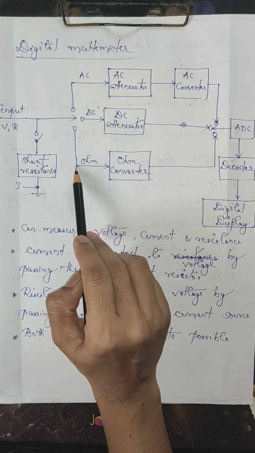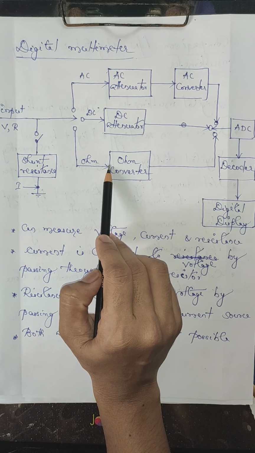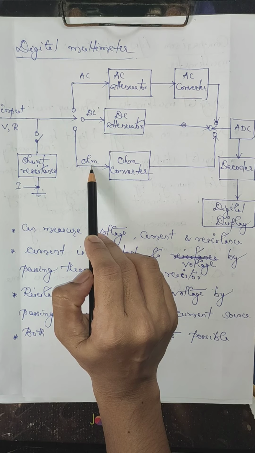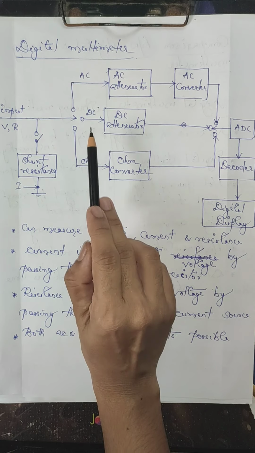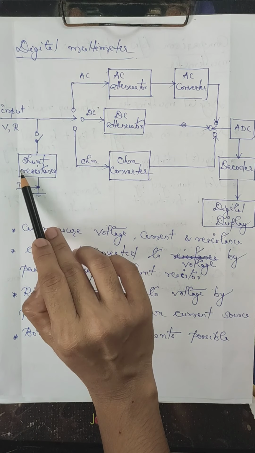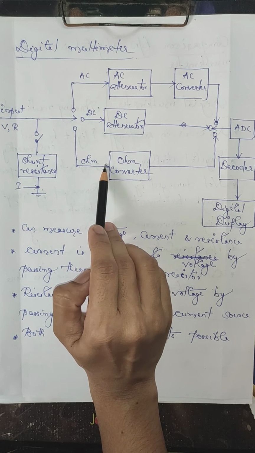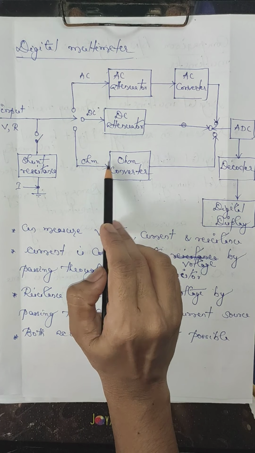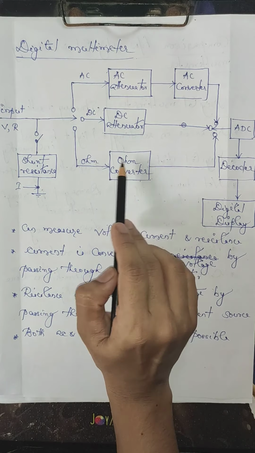Now, if it was a resistance, it should be converted to an equivalent voltage. So we have already said that any signal that is to be measured has to be converted to an equivalent voltage signal. So we have converted current into a voltage signal here. Now, if it is a resistance signal, it has to be converted to a voltage by using an ohm converter.